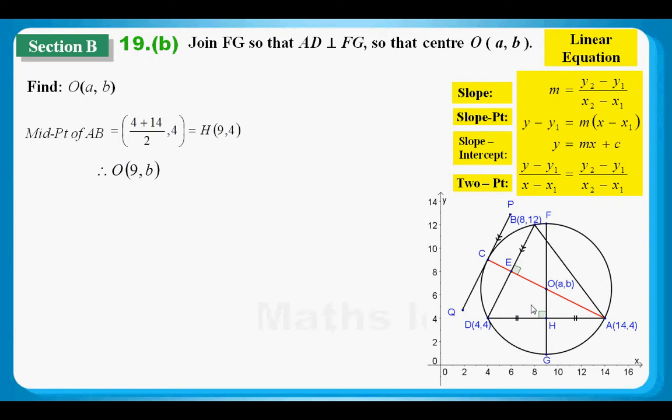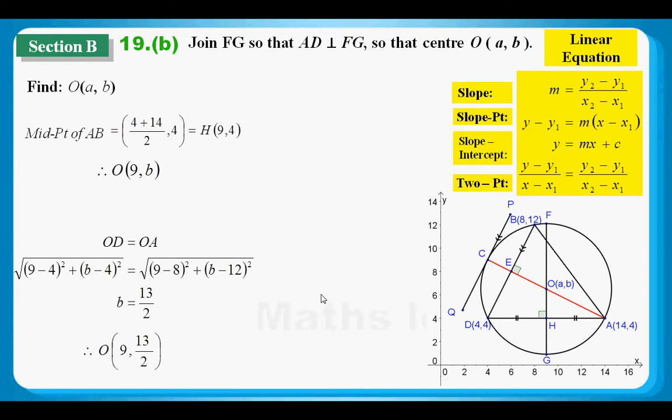How do we find it? Now remember, OA is equal to OB because they are radii. Then we can use the distance formula to find it. And now we have the coordinates of the center. So, as I said, I will use the midpoint formula to help us find C. I have shown it in the PowerPoint.